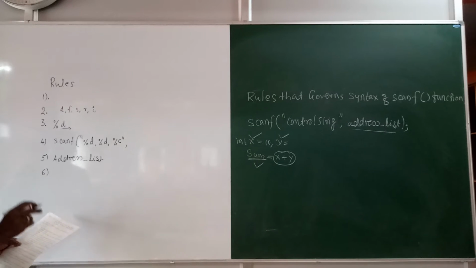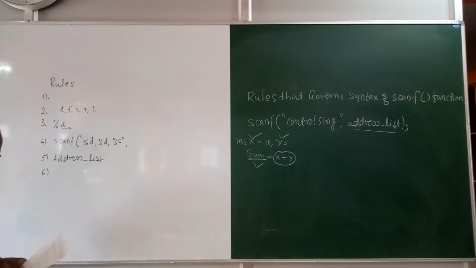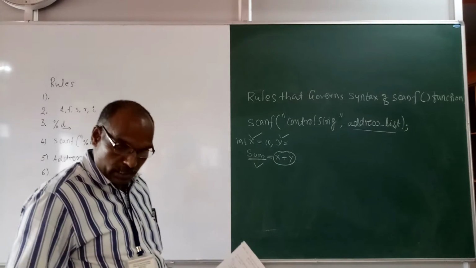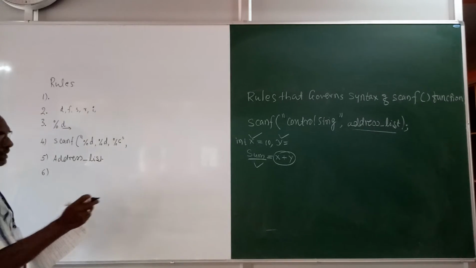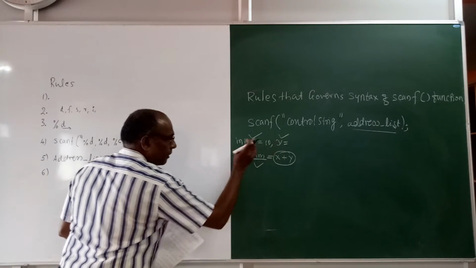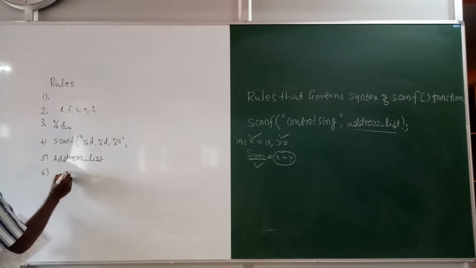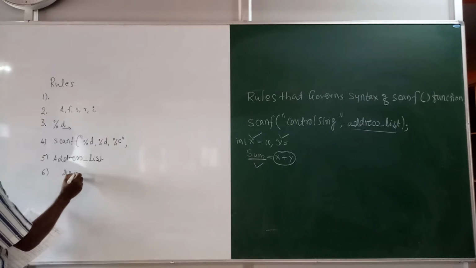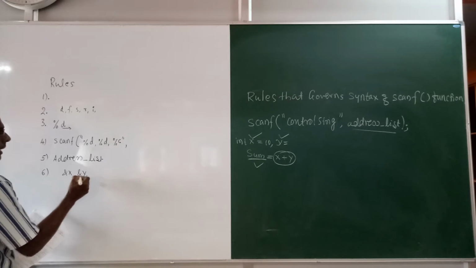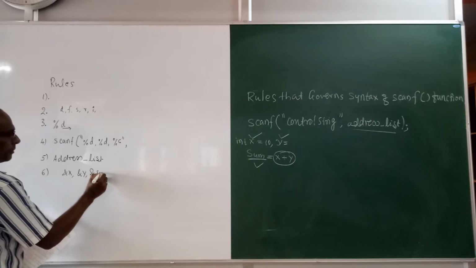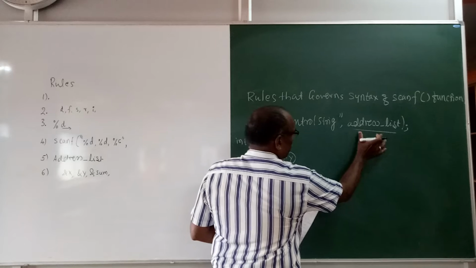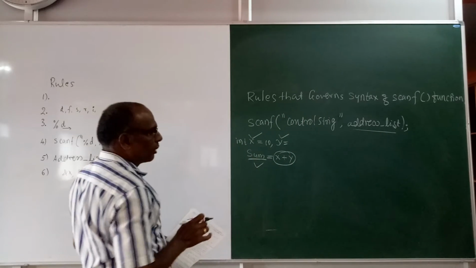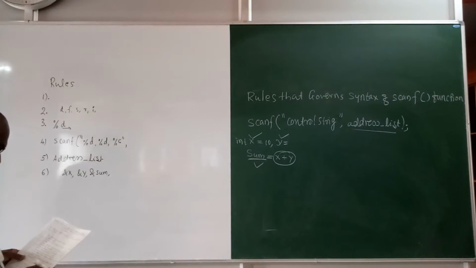Rule number 6: each input variable in the address list must be written preceded with an ampersand, say &x, &y, and &sum, like this, in the address portion of the formatted input function.